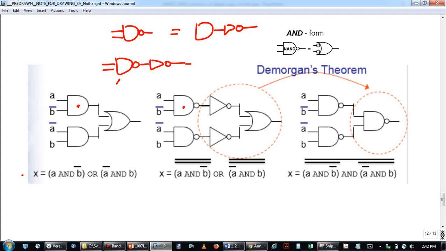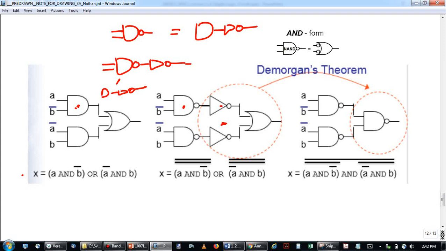So if this one is AND not, what is AND not going to be? AND again. So have we changed anything with this one? We've added extra gates in, but the outcome will be the same by virtue of, well, we had an AND gate, we made it a NAND gate, and then we put a NOT after it, so we've basically done a double negation. It's just an AND gate.